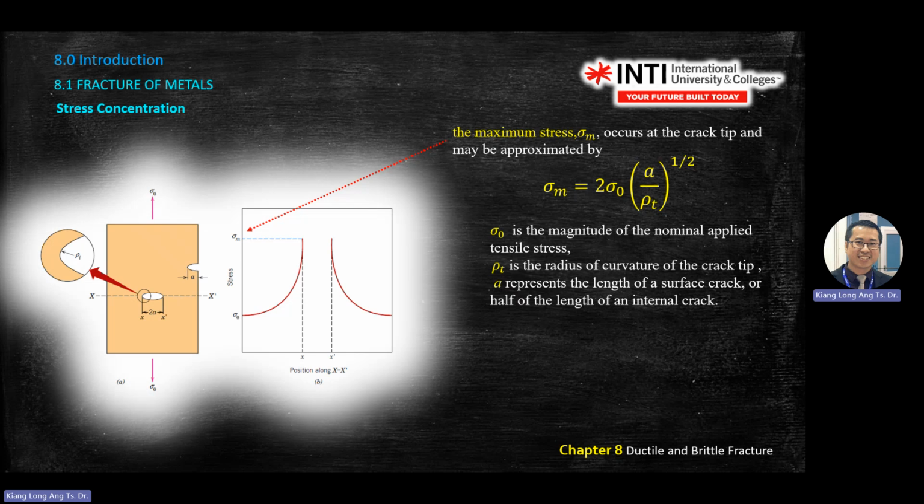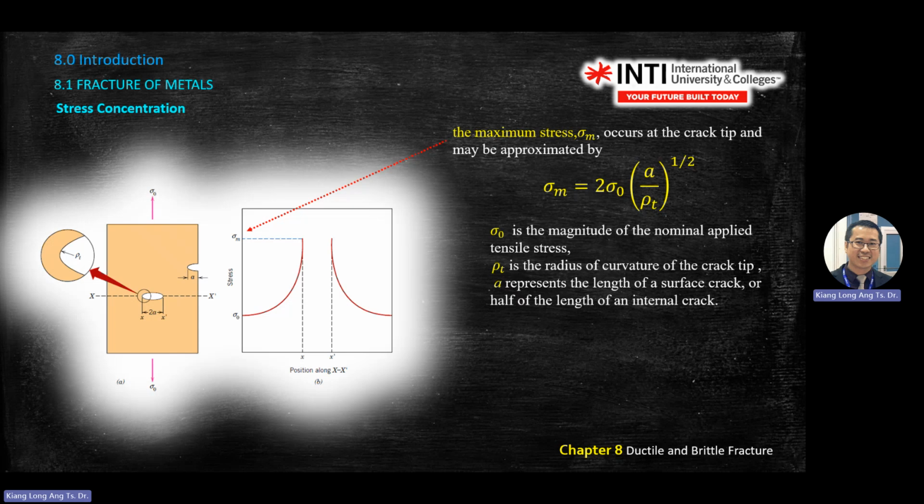What I want to highlight here is there is a curvature radius for the hole or crack, and A is the size, like the length of the ellipse, or the length of the hole or crack. I need to remind you to depend on the question. Later you will see one tutorial question.